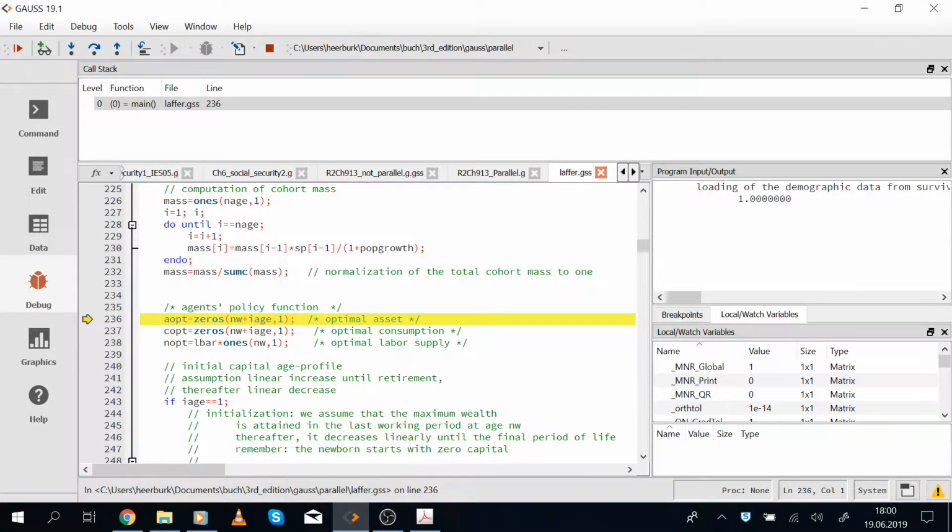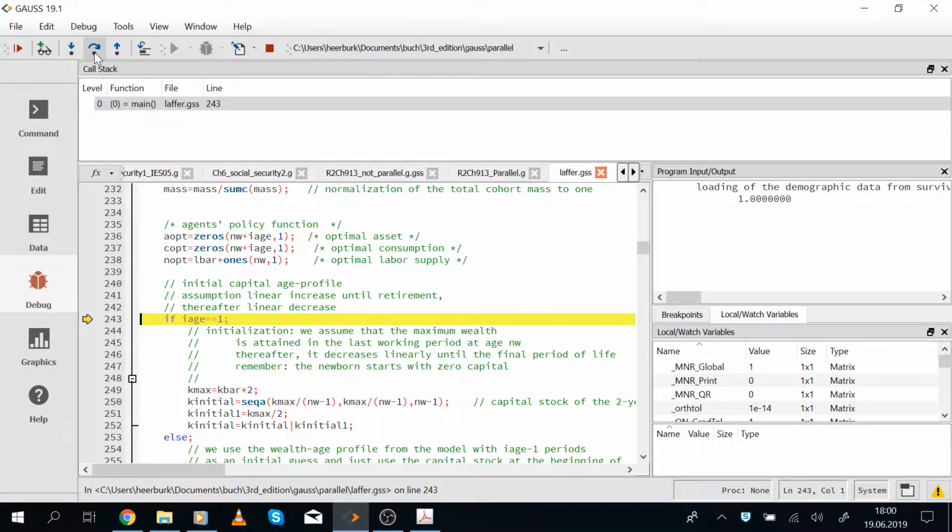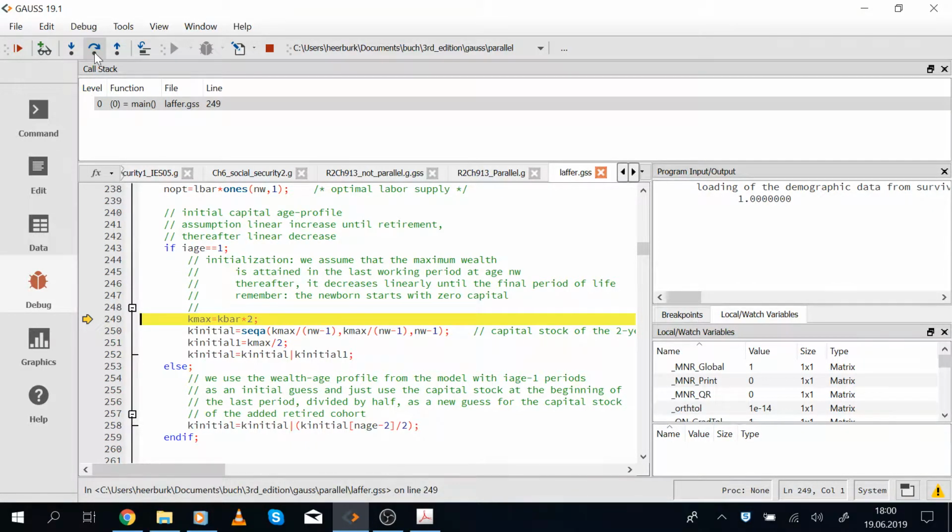Of course, in the case with exogenous labor supply, we set it to a constant 0.25 in each cohort of the workers. Okay, now it's the first time we run this, so IH, the variable, is equal to 1. And we have to come up with a guess for the age-wealth profile, which is our endogenous variable.